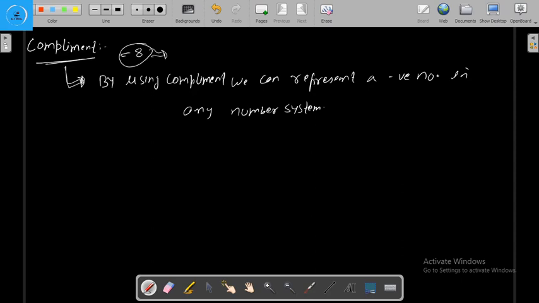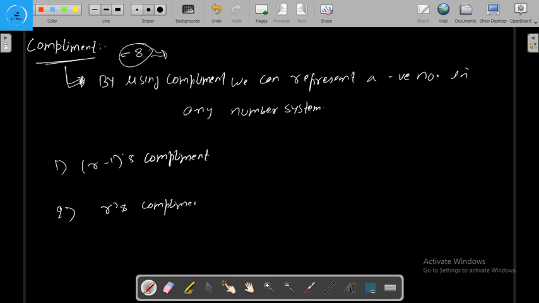There are two types of complements. First is the r-1's complement, and the second one is the r's complement.